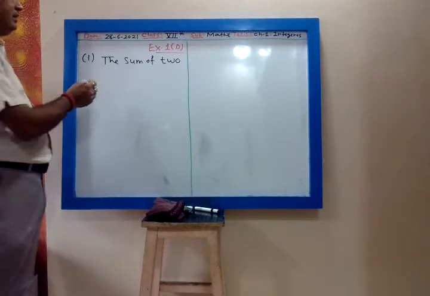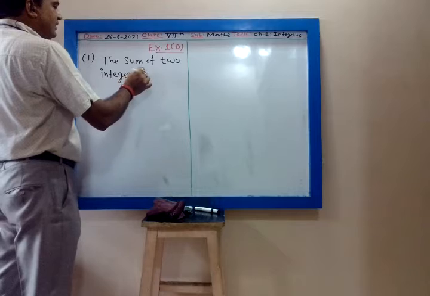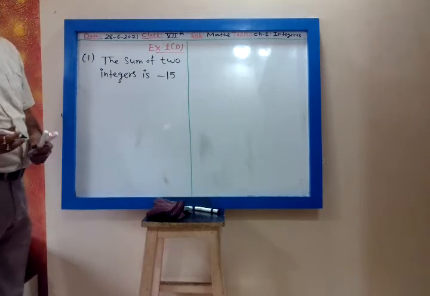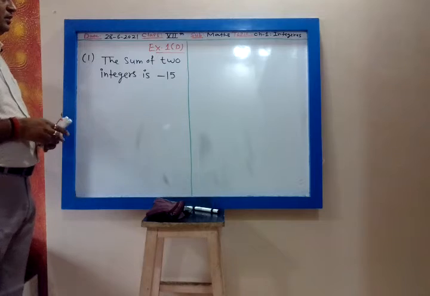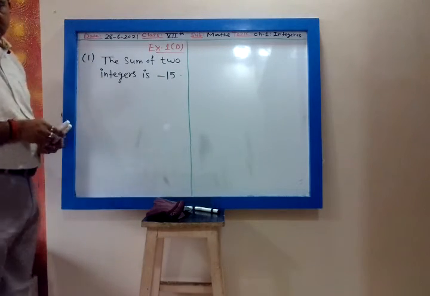The sum of two integers is minus 15. Write down this question. The sum of two integers is minus 15.